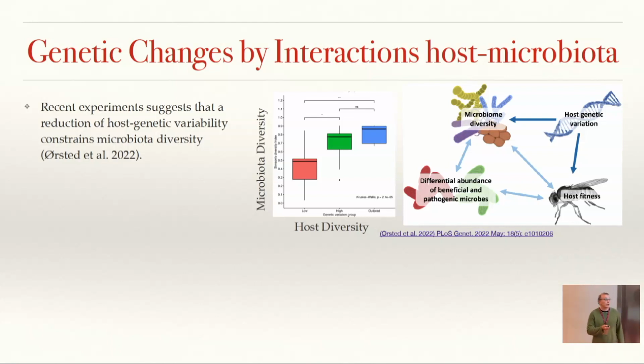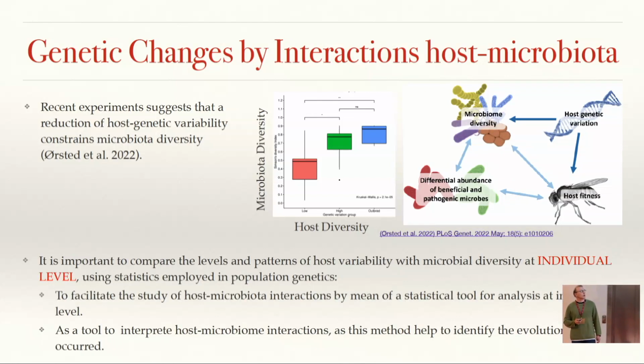The researchers hypothesize that the host genetic variation can influence the microbiota diversity, and both can influence the host fitness. So it is important to compare the levels and patterns of host variability with microbial diversity, but at an individual level, using every individual.